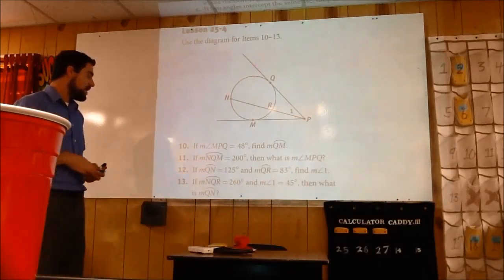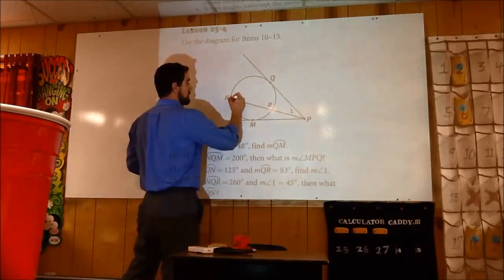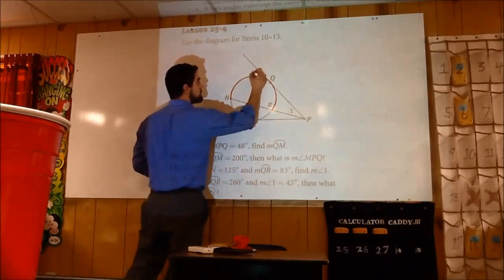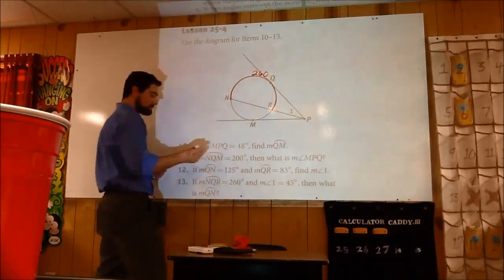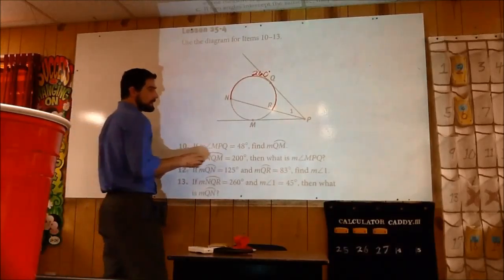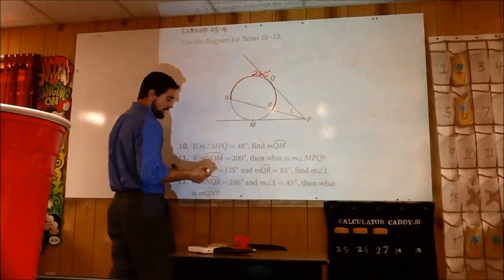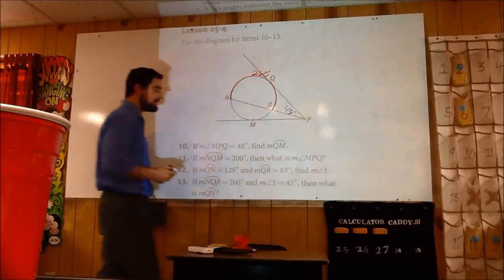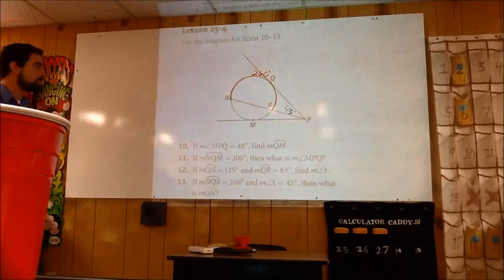If the measure of arc NQR, let's mark this, if this guy is 260, and the measure of angle 1 is 45 degrees, then what is QN?